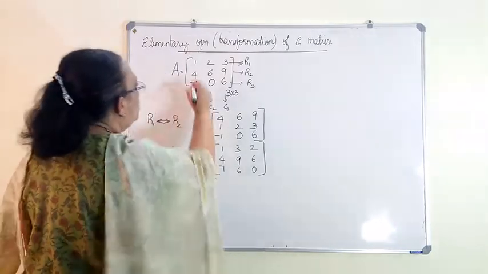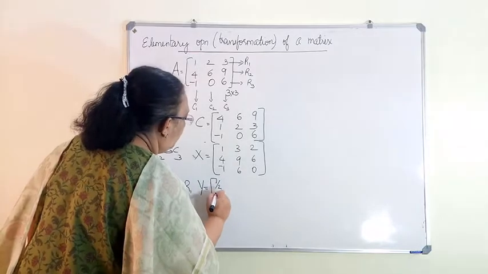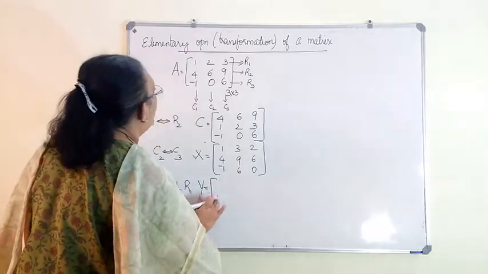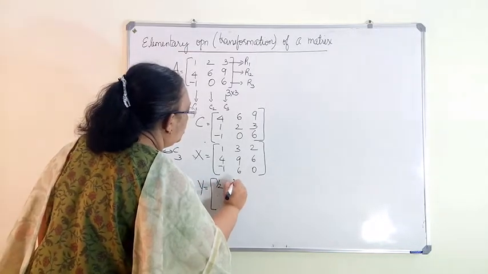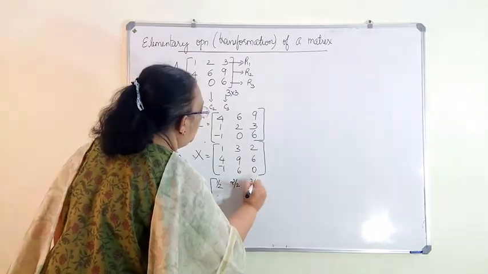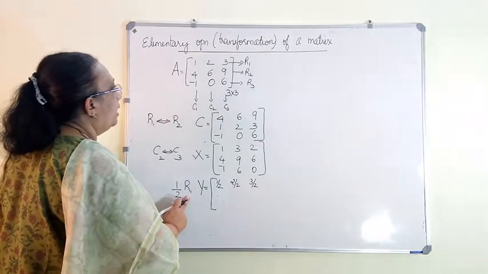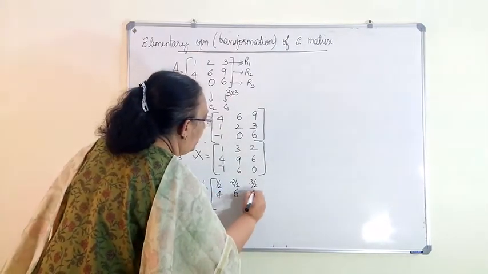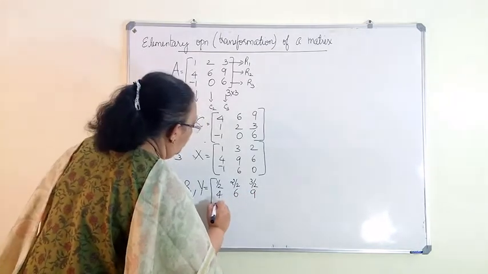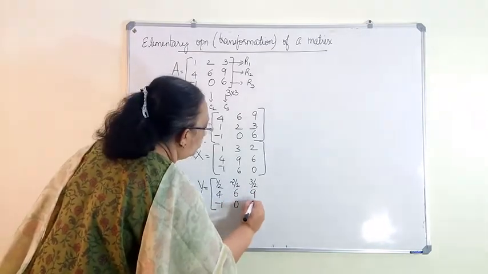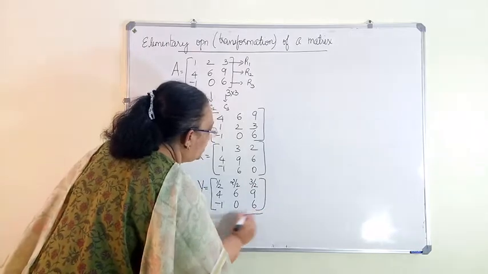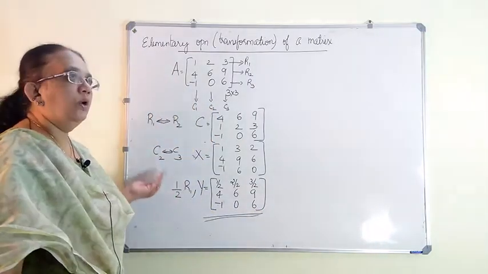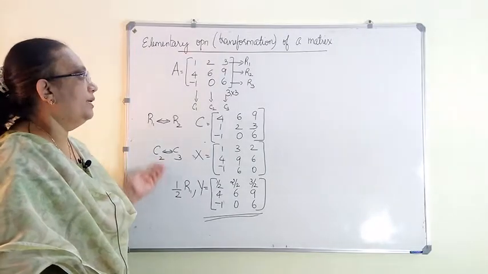What is it equal to? 1 by 2, 4 by 2, 1 by 2, 2 by 2, 3 by 2, because I am applying on R1, then 4, 6, 9, minus 1, 0, 6. So, these are all transformations on matrices. And after that, you can add or multiply or subtract whatever it is.